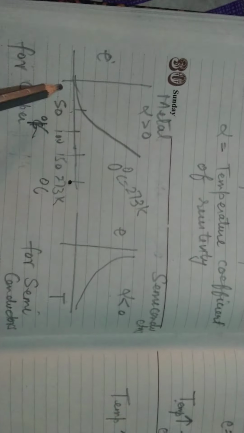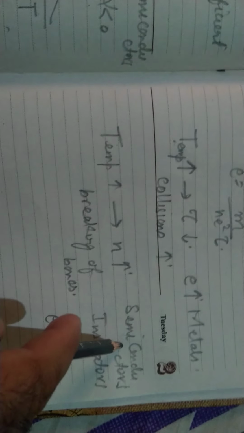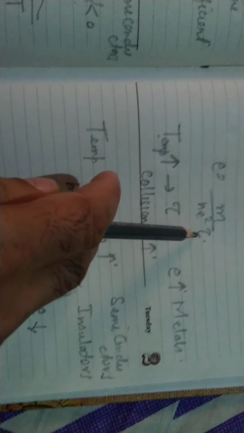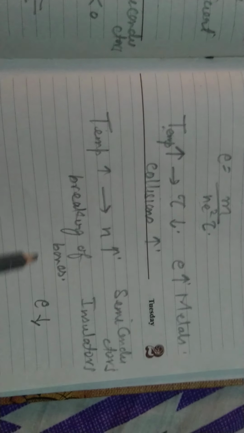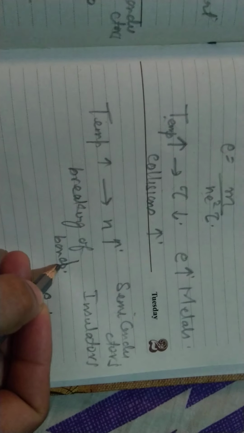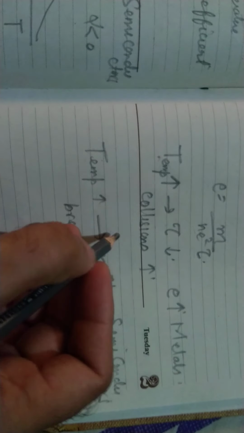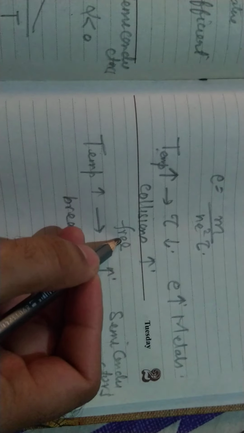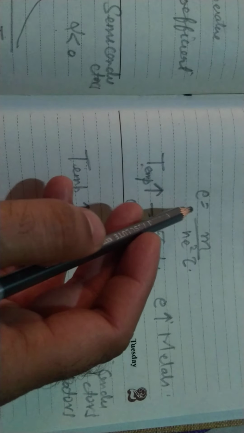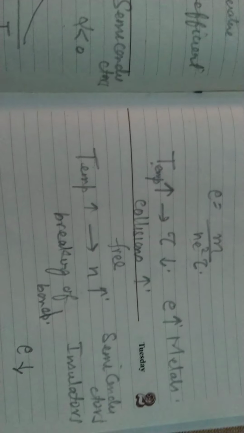Now what happens for semiconductors? For semiconductors, tau is not much affected, but when you increase the temperature, bonds inside the semiconductor break. When bonds break, the number of free electrons increases. So when temperature increases, free electrons increase.